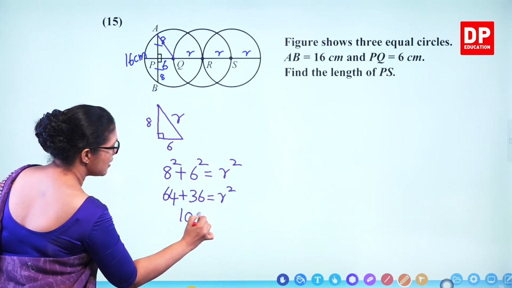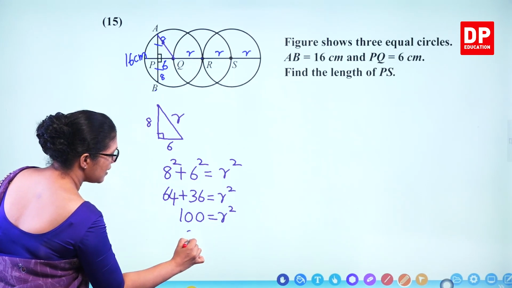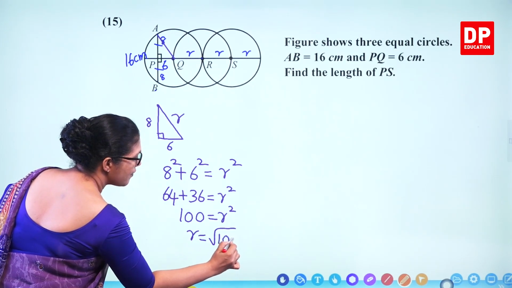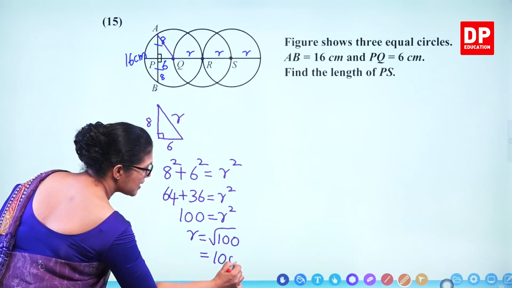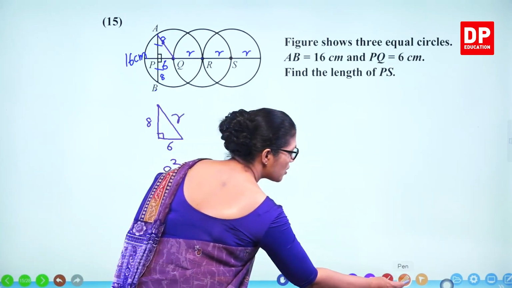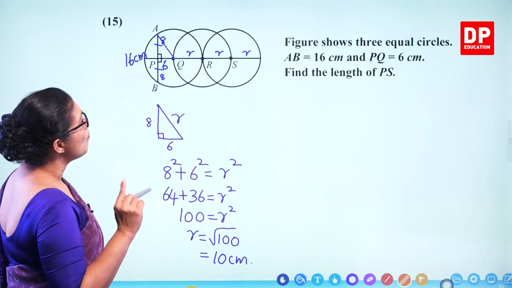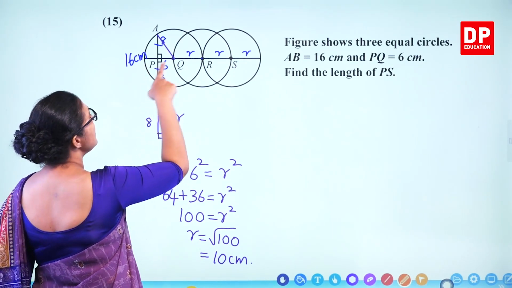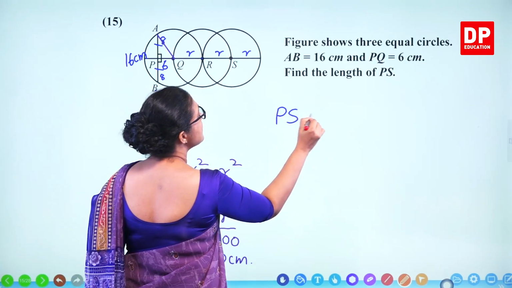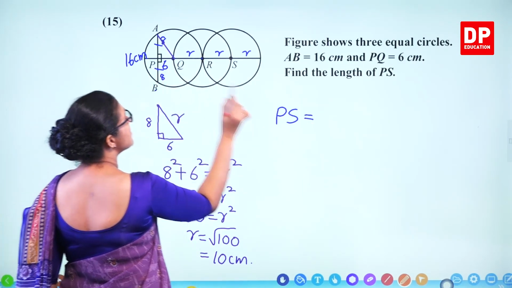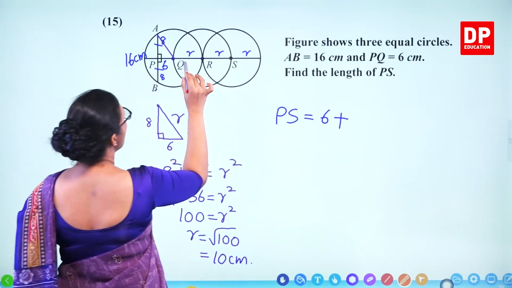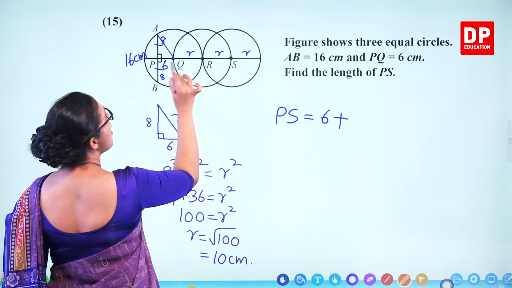That's 100. So R is the square root of 100, that's 10 centimeters. We found out the radius is 10. Then what is the distance of PS? The PS distance is 6 plus 2R up to here.